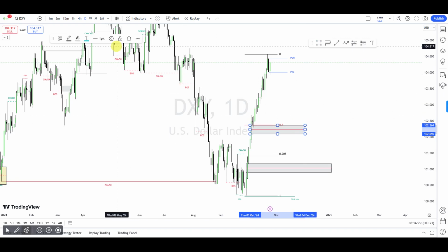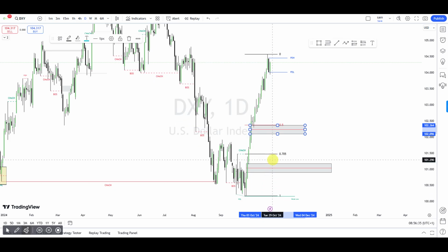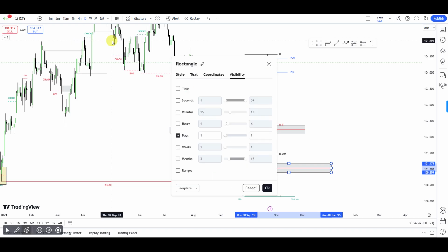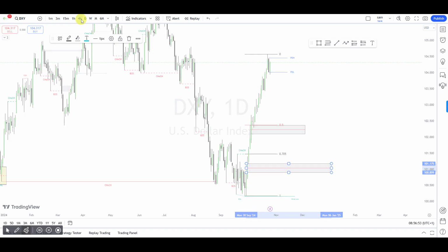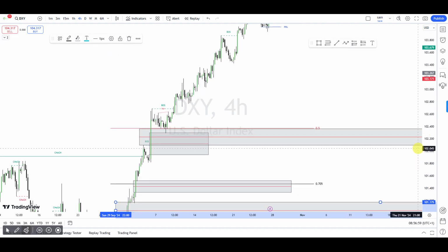So I can use this to indicate the reference point. Firstly, let me make this visible on the hourly time frame. Maybe on 15 minutes it's going to be too big.